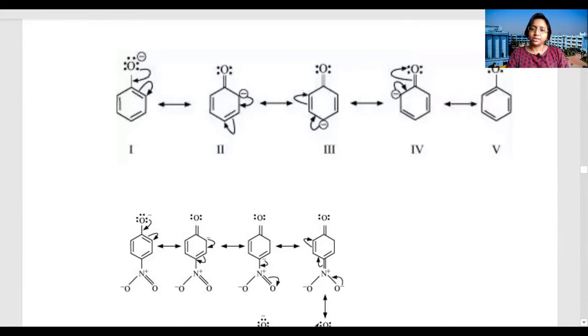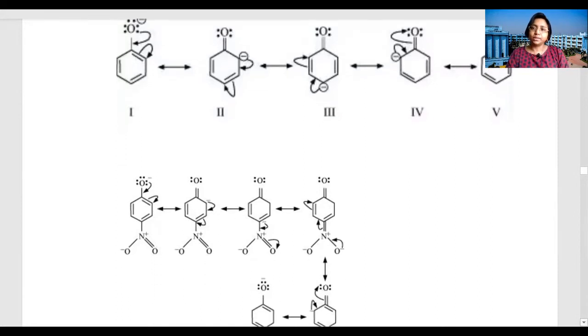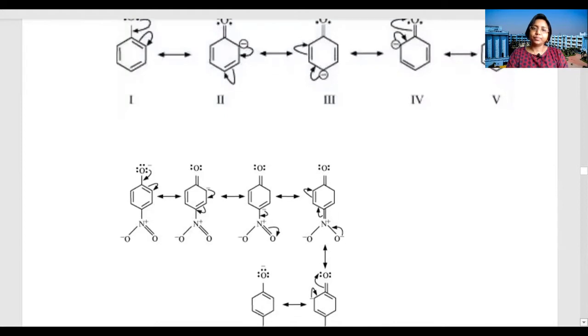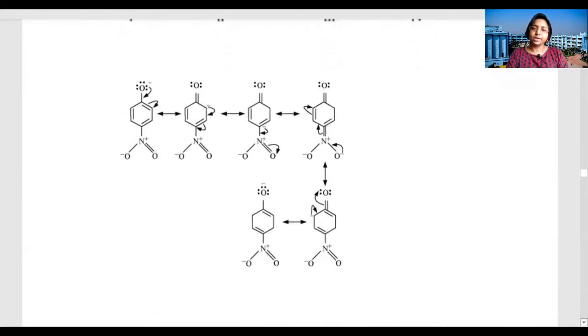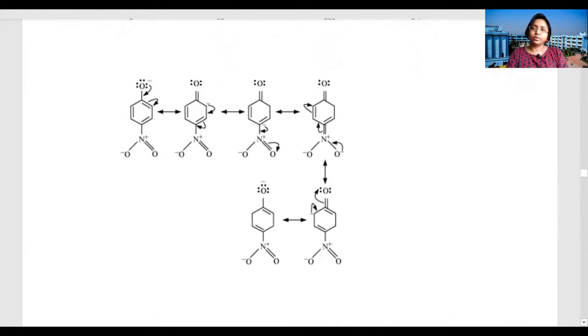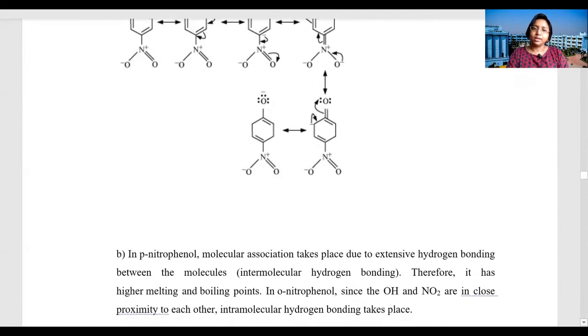The negative charge is more stable as the NO2 group withdraws electrons, from the OH bond also. That is why it becomes more stable. The negative charge becomes more stable in the nitrophenoxide ion. So you have to draw this figure and then explain.